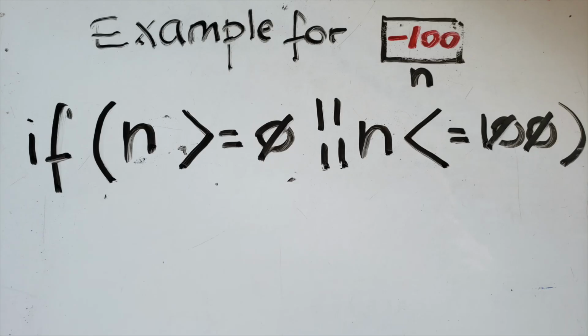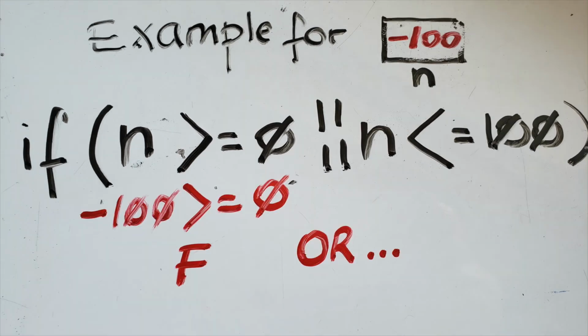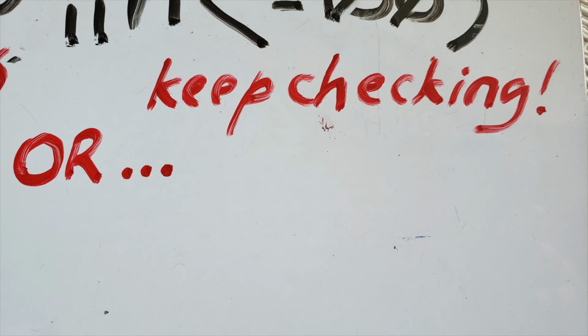So what happens with negative 100? Is negative 100 greater than or equal to 0? No, it's going to be false. But we're connecting with OR, so we need to keep checking. We need to check if n is less than or equal to 100. So we need to check if negative 100 is less than or equal to 100. And what's the answer to that condition?